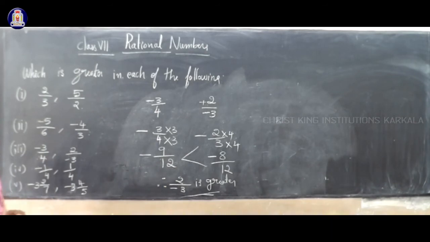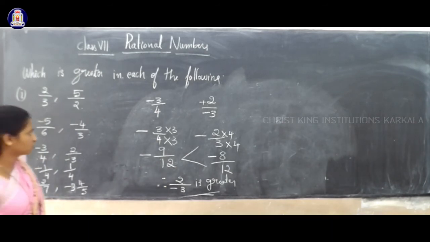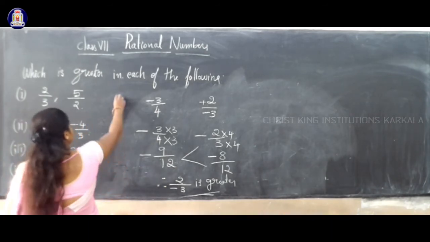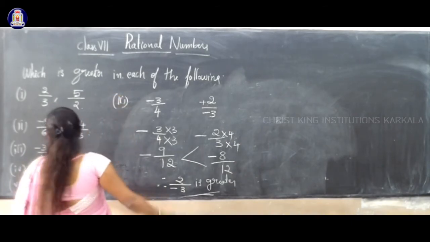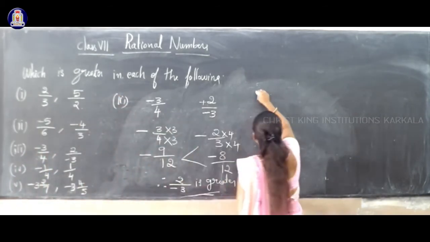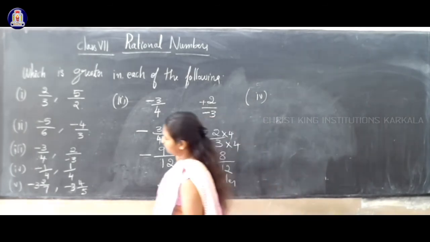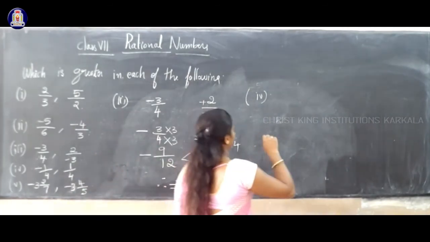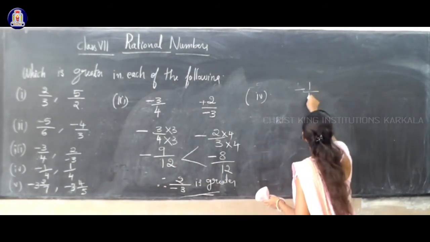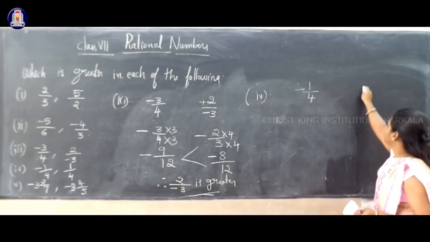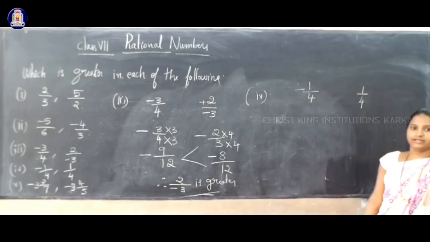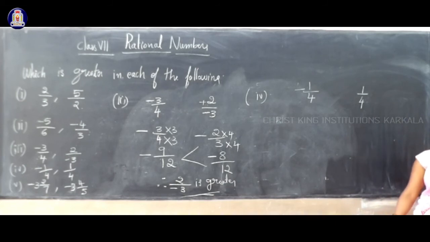So the last, I think, fourth question. Fourth question, say minus 1 by 4 and plus 1 by 4.